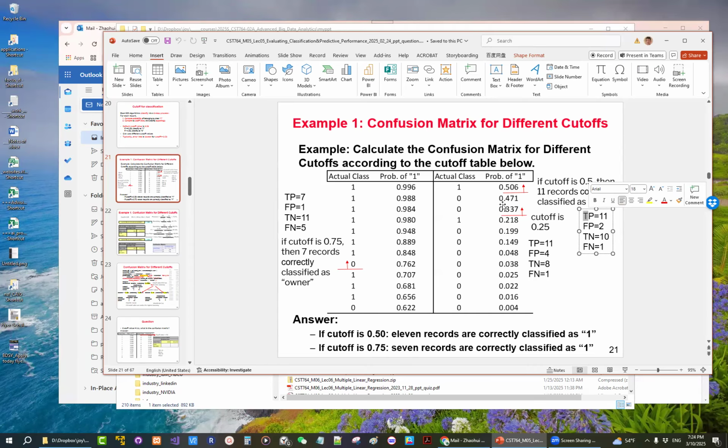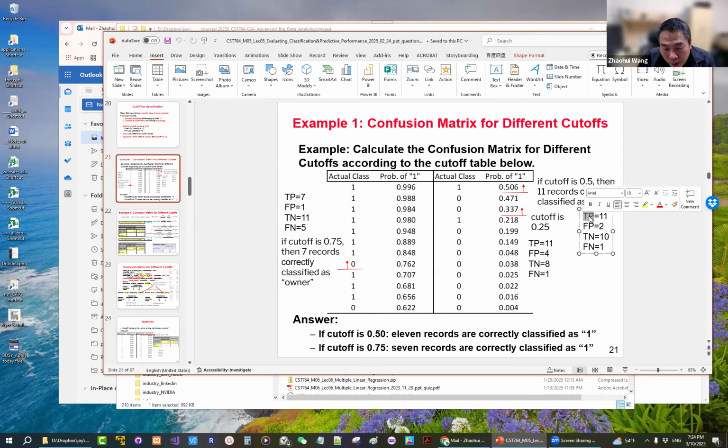That means the actual is also 1, predicted also 1. The predicted value is 1, that means all the cases beyond 0.5 are predicted 1. That would be all these cases, and this one. And before 0.5, all these cases will be predicted to be 1.